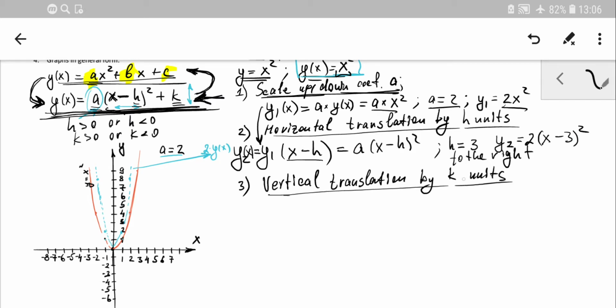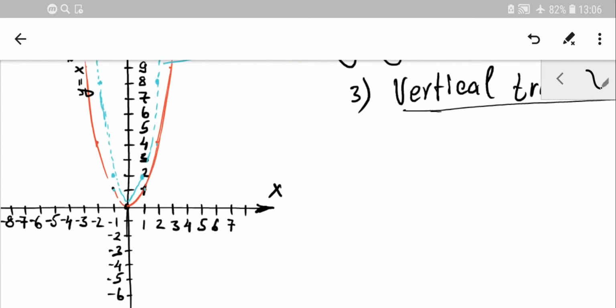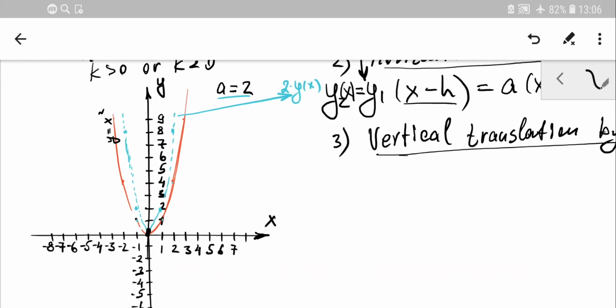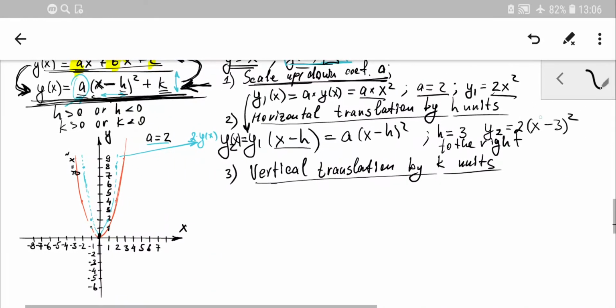Okay, let's try to depict what actually happened. Now we track the vertex for the blue parabola. It's still here in the origin. And now because we've got x minus 3, the new vertex, as you remember, is where x minus 3 equals 0, so that will happen when x vertex equals 3, while y vertex stays the same, 0, right?